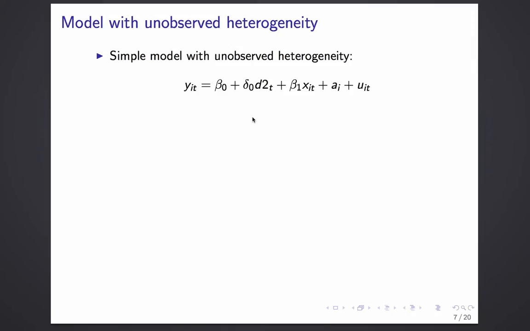The last two elements in the model is what really defines a panel data regression model. So here we have something called a_i, and then something that looks like our usual error term, u_it. a_i and u_it are the two error terms in the panel data regression model, and we'll talk much more about them in just 1 second.